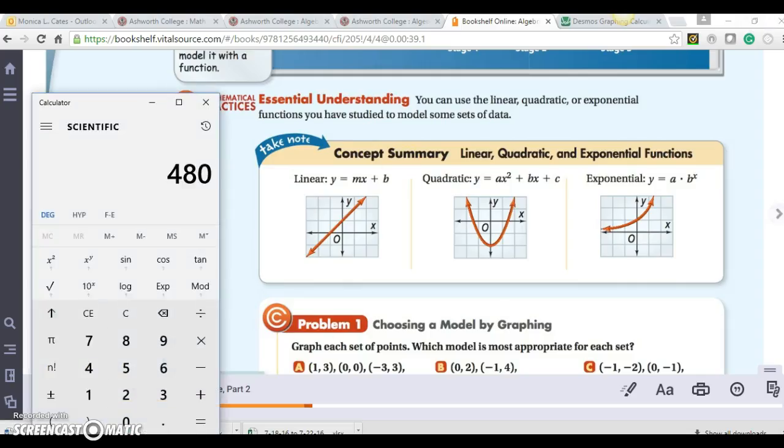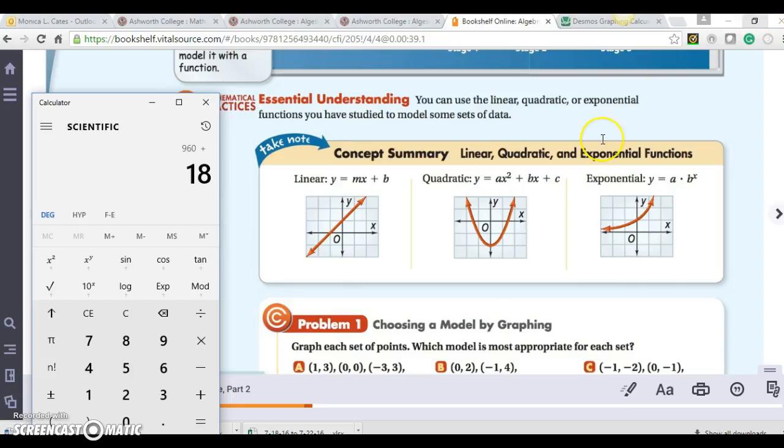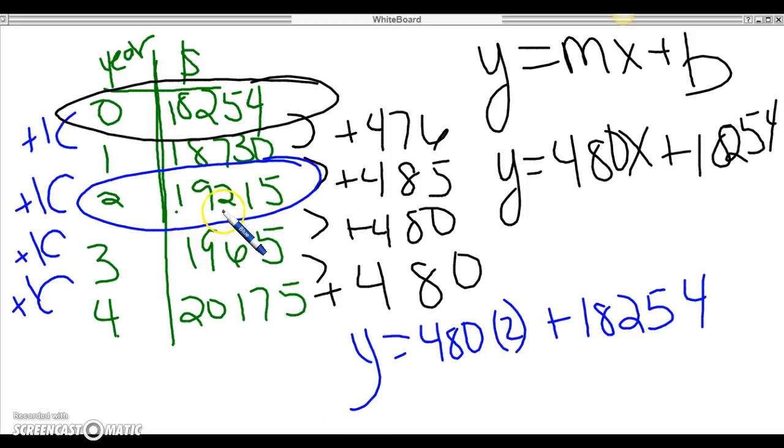So 480 times 2 plus 18,254. And I get 19,214. Let's look at my chart. And it's 19,215. Pretty close. We can check one more just to be on the safe side.